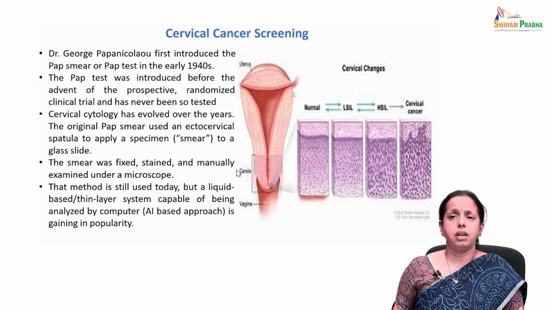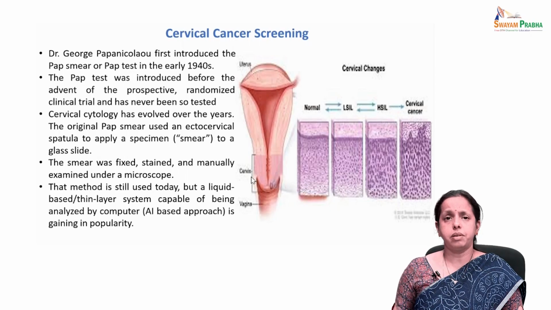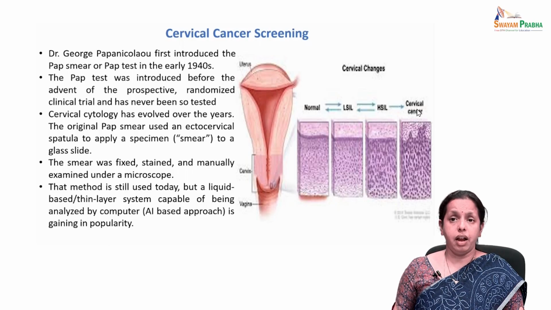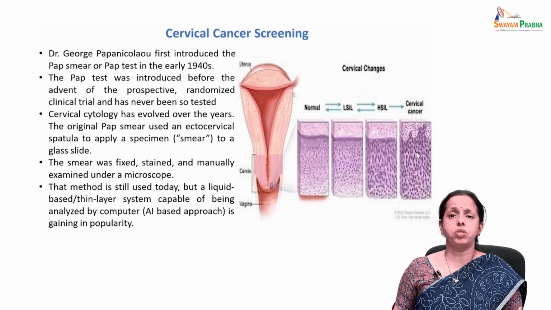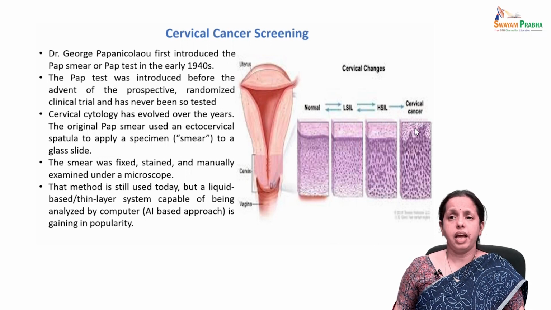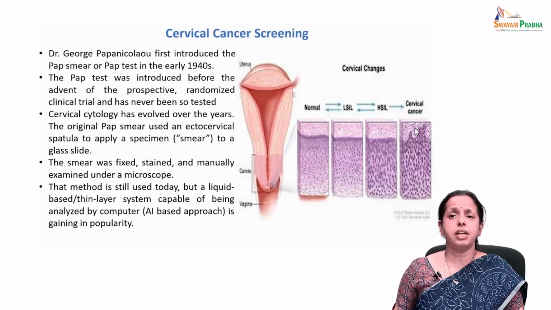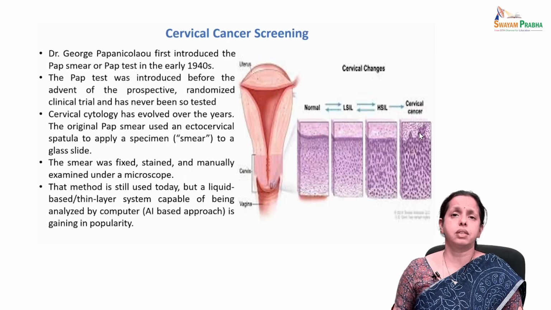Biopsy samples are checked by the pathologist for cervical intraepithelial neoplasia, that is your CIN. It is a term used to describe abnormal cervical cells found on the surface of the cervix, usually after a biopsy.